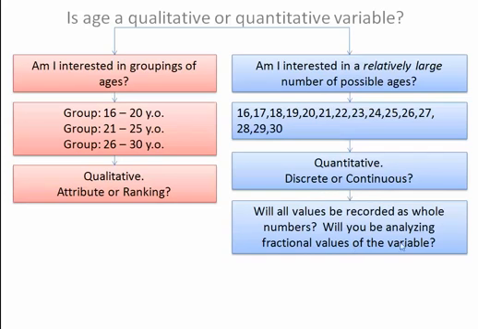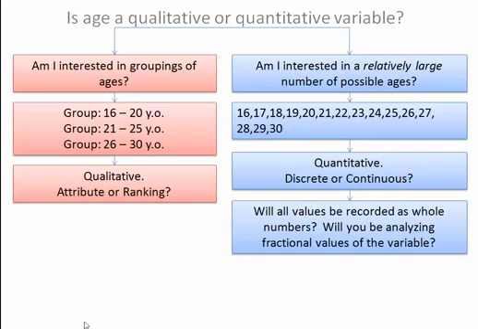But if I'm going to be analyzing fractional values of the variable, in other words, I would record whether someone said 16 and a half or 17 and a quarter years old, then those fractional values would make the data quantitative continuous in nature, because I'm willing to assume an infinite number of possible values that someone could be reporting.